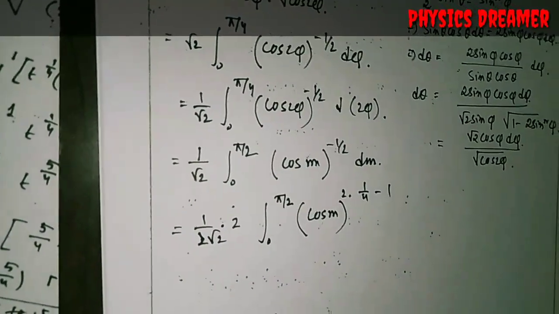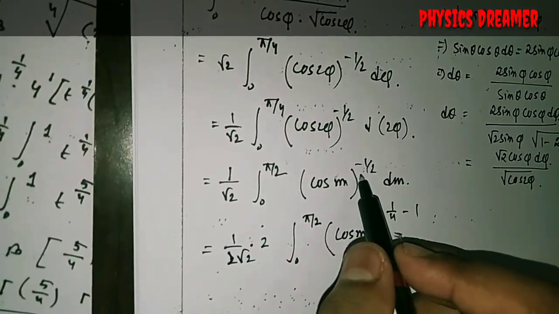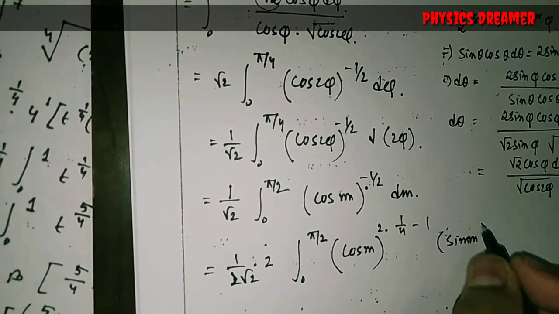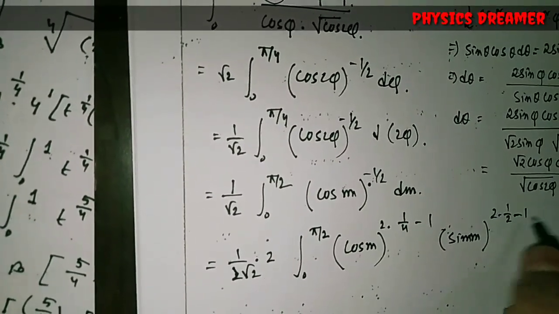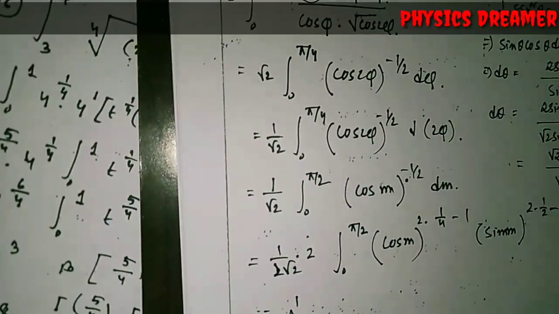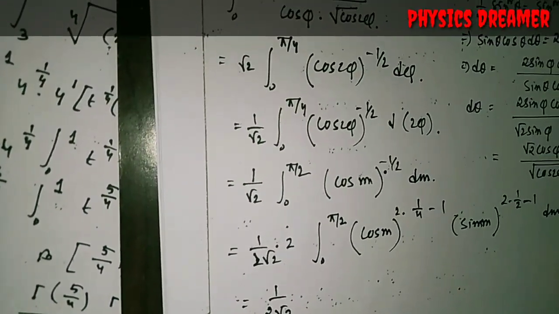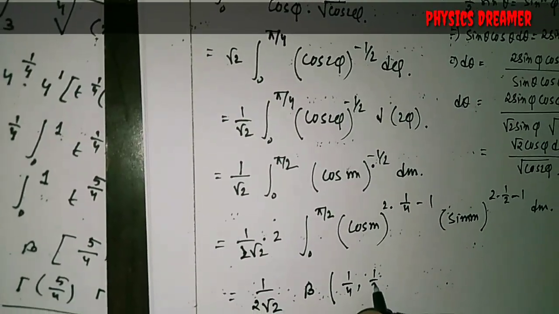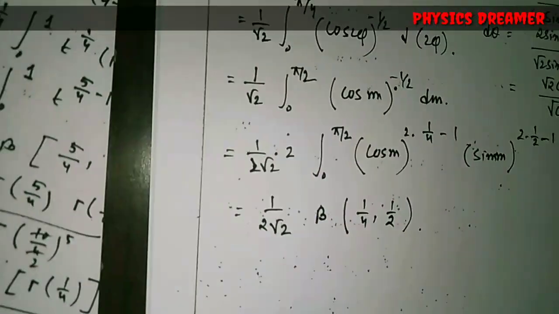I can write it because of 2 into 1 by 4, 1 by 2 minus 1, equal to minus of 1 by 2 into sin m into 2 into 1 by 2 minus 1 dm. Okay, now 1 by 2 root 2 into beta of 1 by 4 over 1 by 2 is the relation of trigonometric function, beta function.